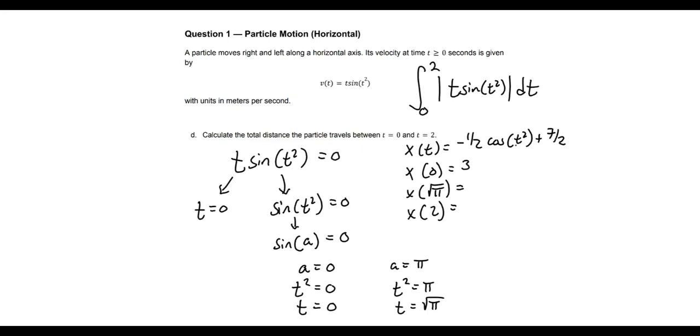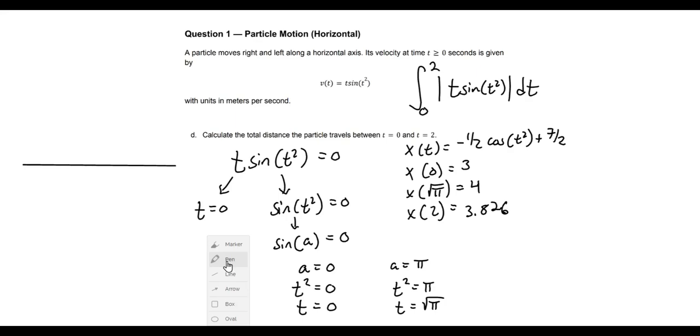The square root of pi squared is pi, which is -1. That'll turn this into a positive 1/2. That means this will be 8/2, or 4. And then if you plug 2 in, you're going to want a calculator for that one. That's 3.826.